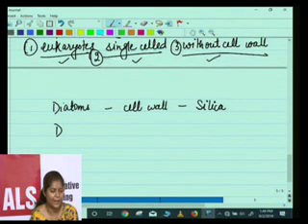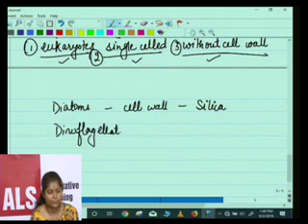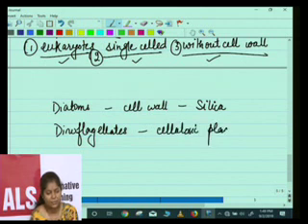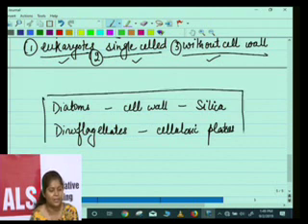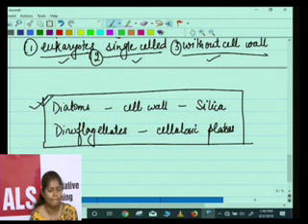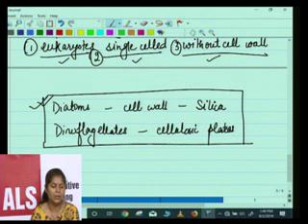And we talk about dinoflagellates, their cell wall is made up of cellulosic plates. Just cross check these things. You should be ready with the correct answer in the next class. In diatoms the cell wall is made up of silica, whereas in dinoflagellates it is made up of cellulosic plates.